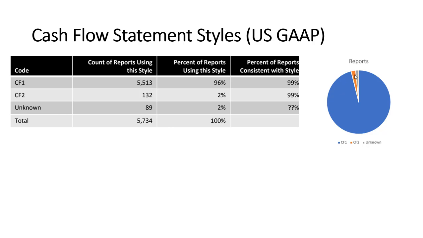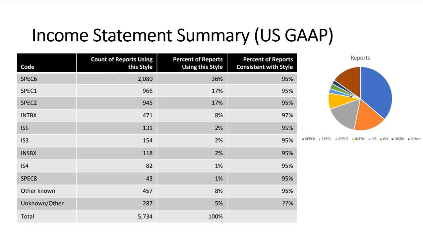This is the first, this is the second, and this is everything else. They're very consistent. The income statement is less consistent, but still very consistent. This is the most common income statement. And then you have these here, which are either other known and unknown styles.